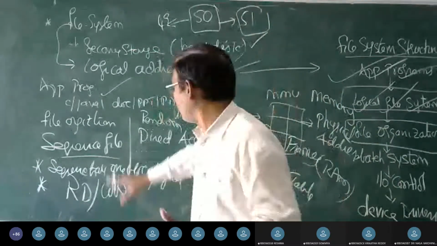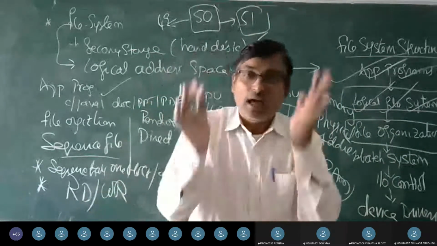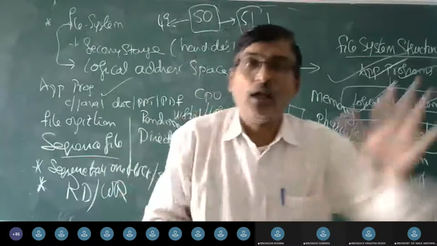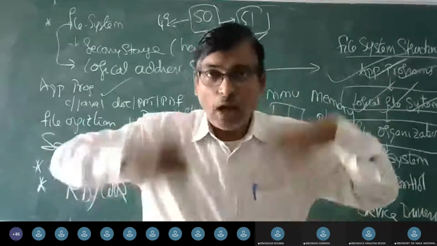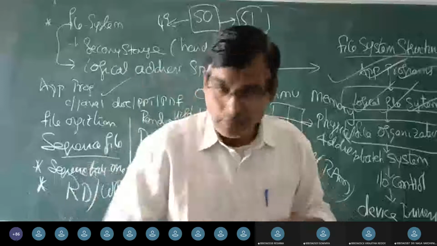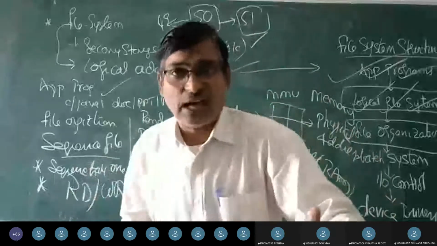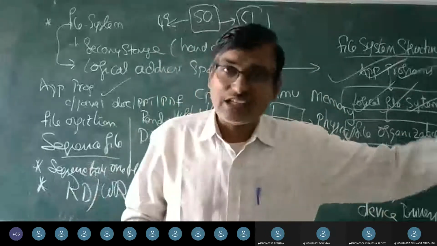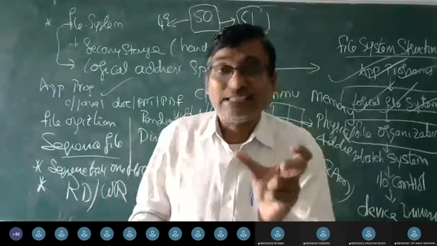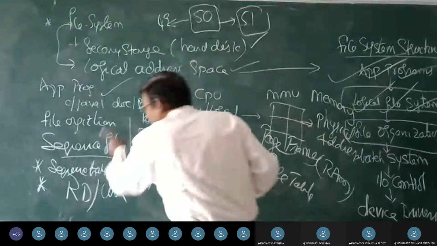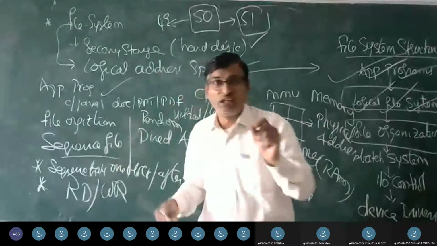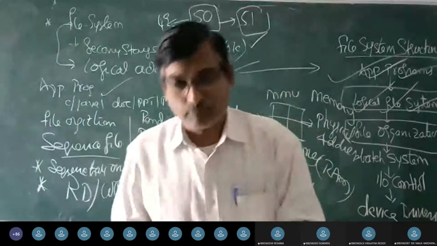The drawback of a sequential file system is that if I am at the 50th disk block and want to move to the 95th, I can't go directly. I have to go one by one, serially, until the destination is reached, which is an example of a linear search model. That is how it is fabricated in a sequential file system.